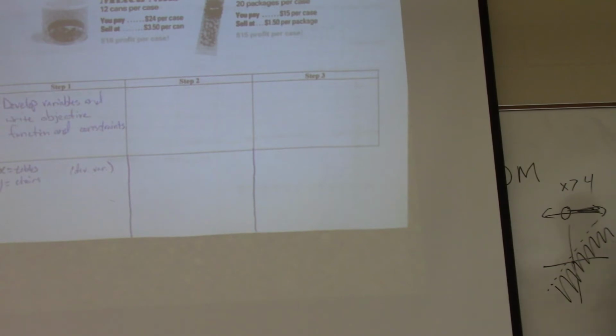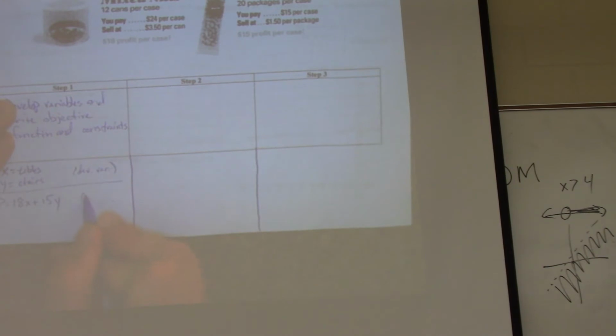In other words, I sell the table and make $18 more than what I spent to make it. So we get a profit, which is going to be 18 per table plus 15 per chair. This is called the objective function.